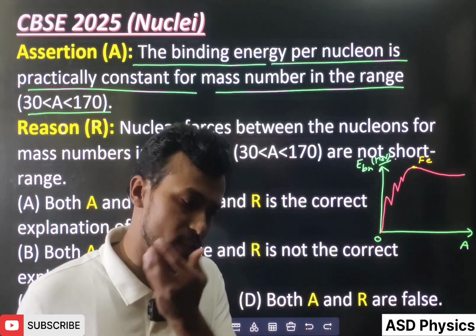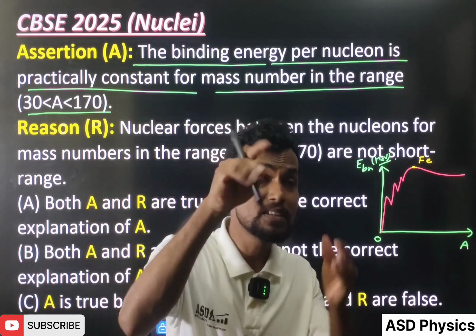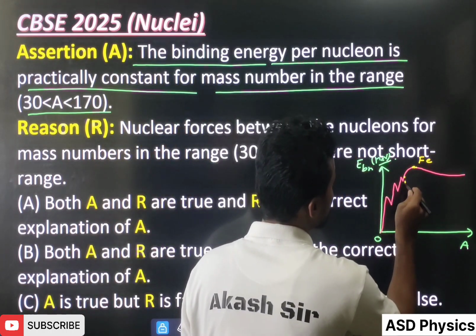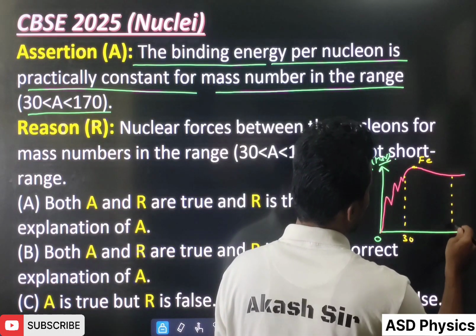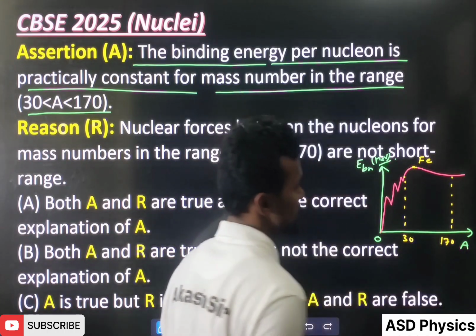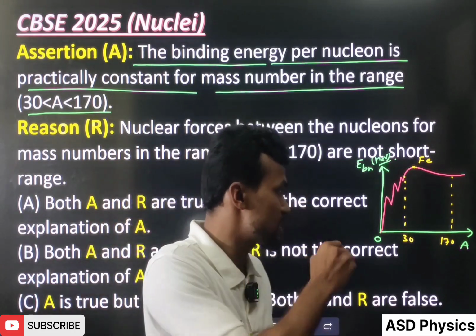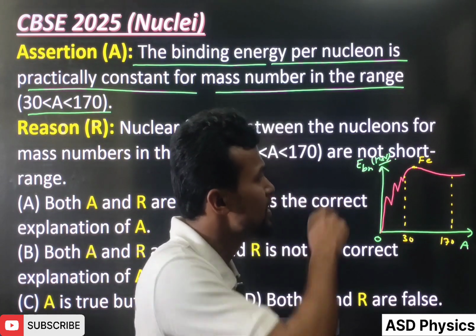And from nearly 50 to 80 the curve has the flat maximum. But if we talk about nearly 30 and also 170, I am telling you, 50 to 80 is the flat maximum, but 30 to 170 also practically we can tell the same.